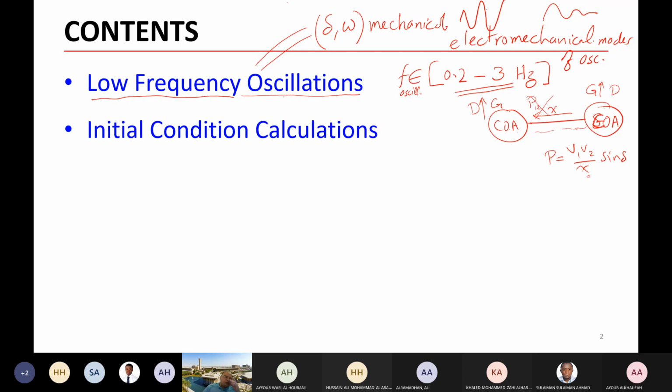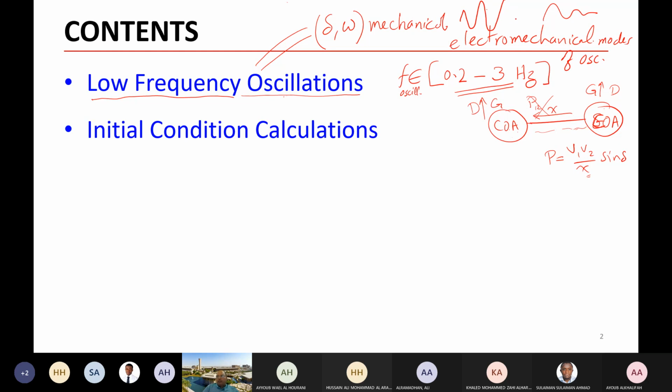We have a controller here, and this controller is the power system stabilizer, and we have here also power system stabilizers or controllers here and there. But if these controllers are not giving enough damping for this oscillation, the oscillation will start going up and down and increases with time.